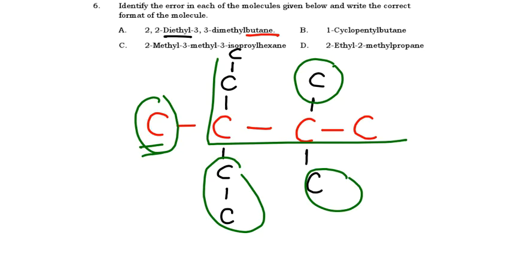Start counting from the side which will give you the lowest positioning. We have to start from here because it will give us 1 and 2. 1, 2, 3. Now if you start on top, the first substituent is going to be on the 3rd position, so we'll start from here. So 4 and 5.